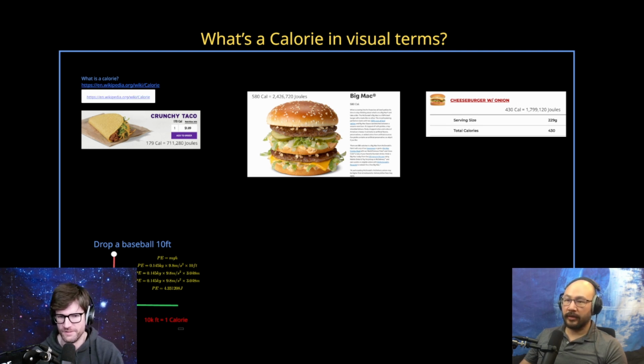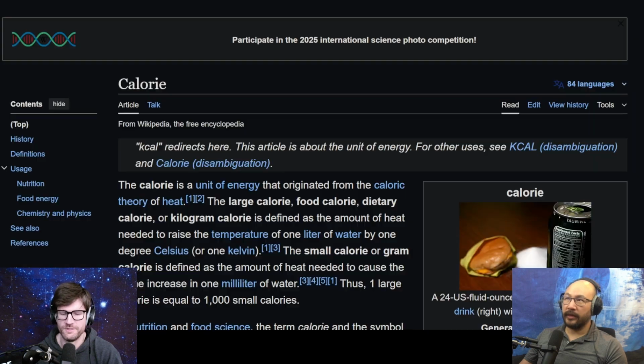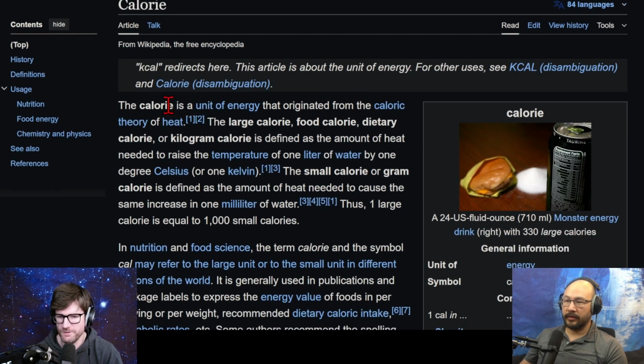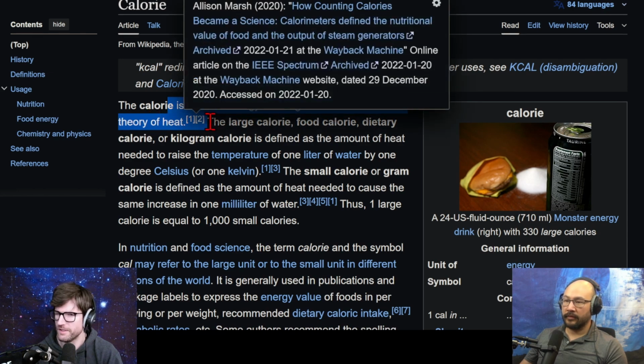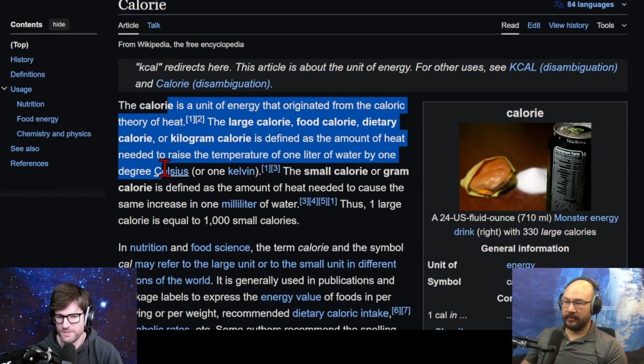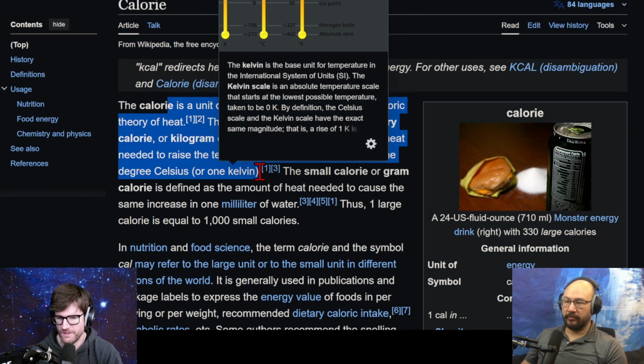Let's go to the Wikipedia page. And calorie, we read it here. The calorie is a unit of energy that originated from the caloric theory of heat, which I don't think exists anymore. The large calorie, food calorie, dietary calorie, or kilogram calorie is defined as the amount of heat needed to raise the temperature of 1 liter of water by 1 degree Celsius or 1 Kelvin.